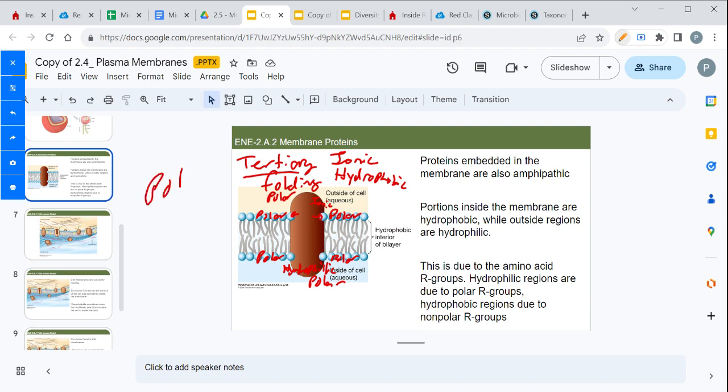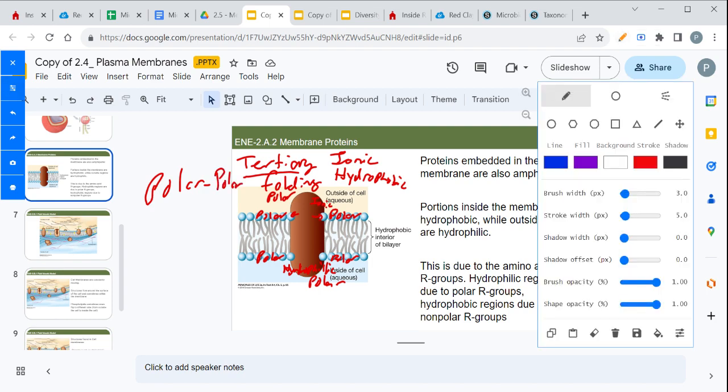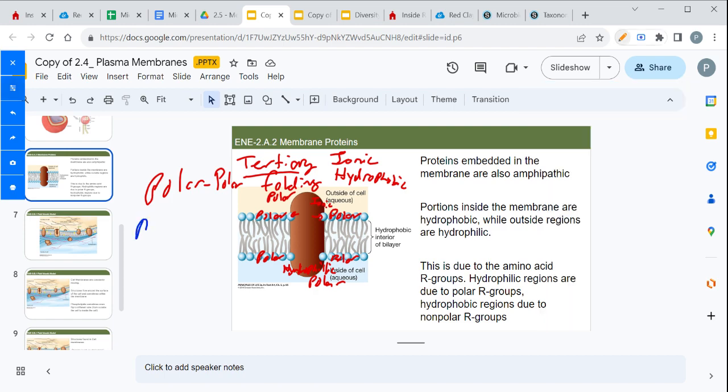Your polar wants to play with polar, and that's going to get us to the next bit, which is that the non-polar likes to interact with the non-polar. I'm trying to write with my fingers. Since this region is non-polar, this region's also non-polar.